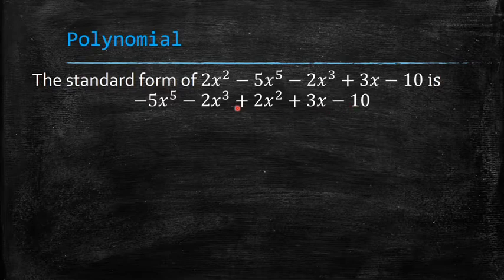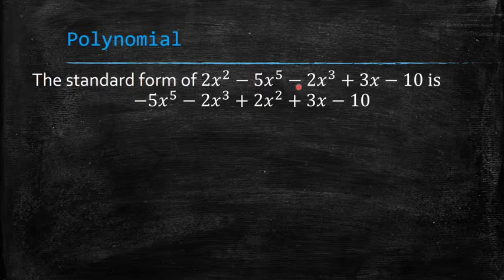Take note that if we are going to rewrite it in standard form, we must write the term with the highest degree down to the lowest degree. And when we rearrange the terms, the sign before the term is included. For example here, minus 5x raised to 5, the minus means negative. So in the first term, it will be negative 5x raised to 5.